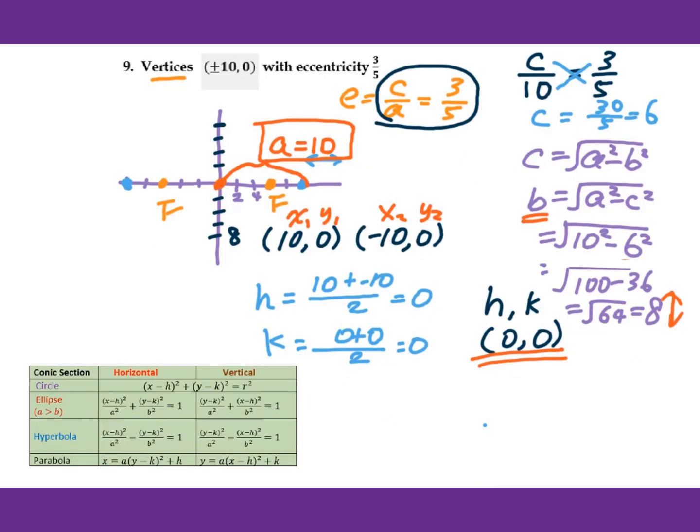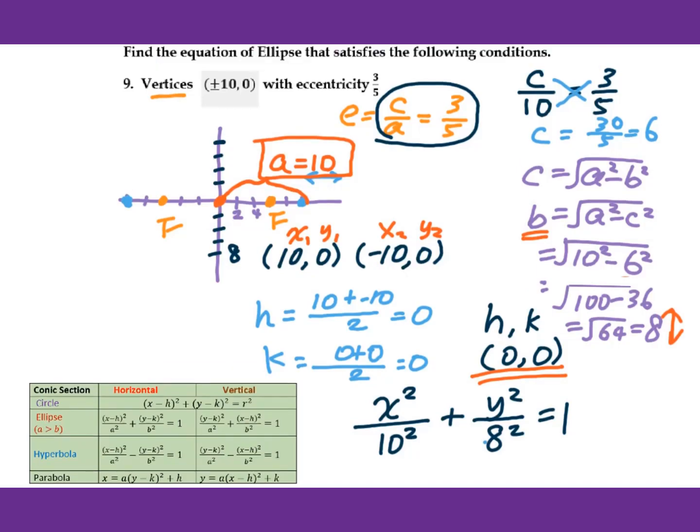It's a horizontal ellipse because a is the horizontal axis. Therefore, I got (x minus 0) squared, that means x squared, over 10 squared, plus y squared over 8 squared equal to 1. Let's rewrite this equation. That will be x squared over 100 plus y squared over 64 equal to 1.